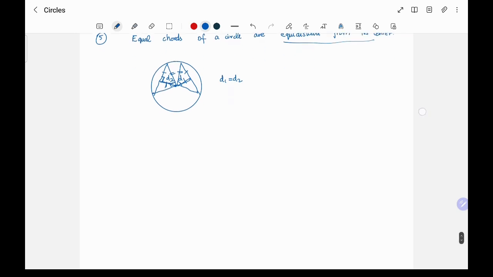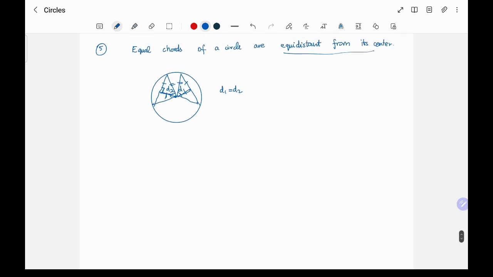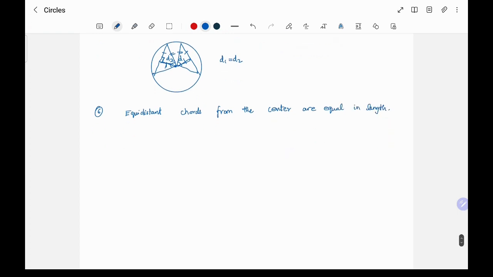Okay, so next point is the converse of this. Chords equidistant from the center are equal in length. This is again easy to prove via congruency.